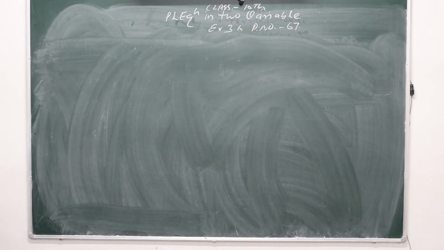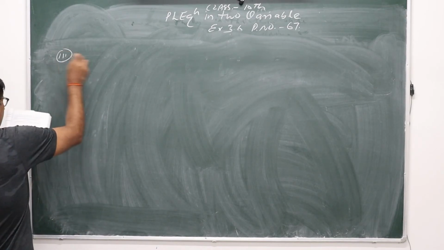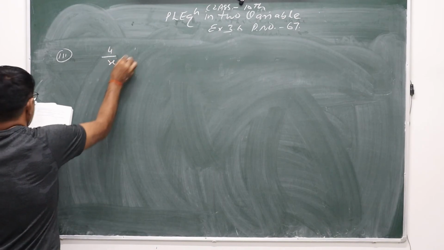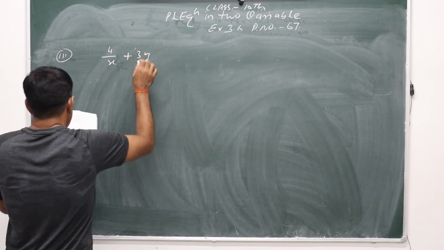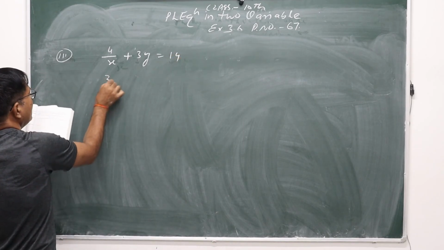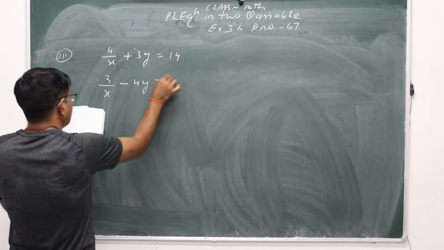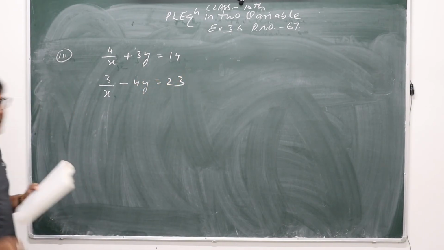Then question number 3. 4 upon x plus 3y is equals to 14, and 3 upon x minus 4y is equals to 23.